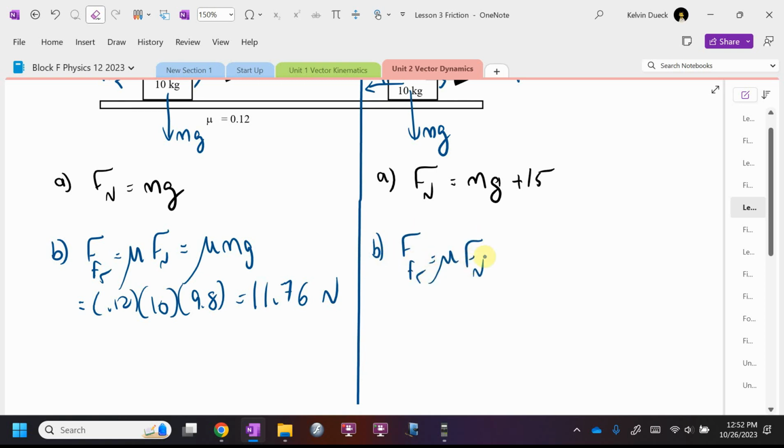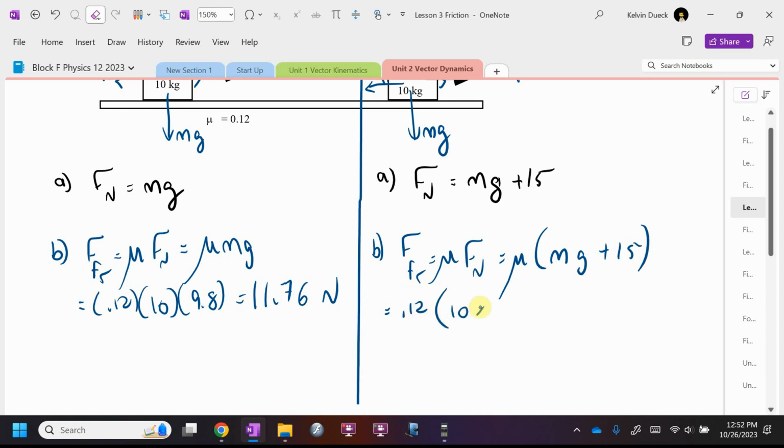I don't know the normal force. Oh, but look, I know another equation I can stick in for the normal force. It's going to be mu times (mg plus 15). What's mu? 0.12, yes?